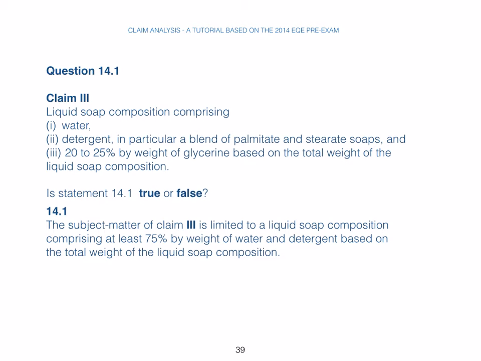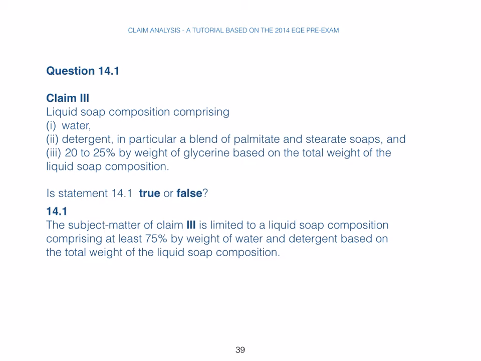Claim or question 14.1. The subject matter of Claim 3 is limited to a liquid soap composition comprising at least 75% by weight of water and detergent based on the total weight of the liquid soap composition.